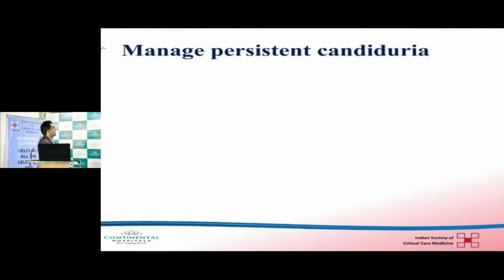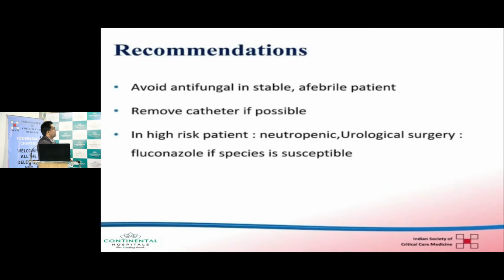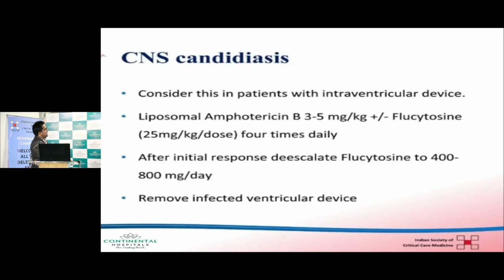Coming to the management of persistent candiduria, the recommendations are: we have to avoid antifungals in a stable febrile patient and remove the catheter if possible. In high-risk patients like the neutropenic and those with urological surgery, fluconazole can be used if the species is susceptible. Coming to CNS candidiasis, consider this in patients with an intraventricular device.